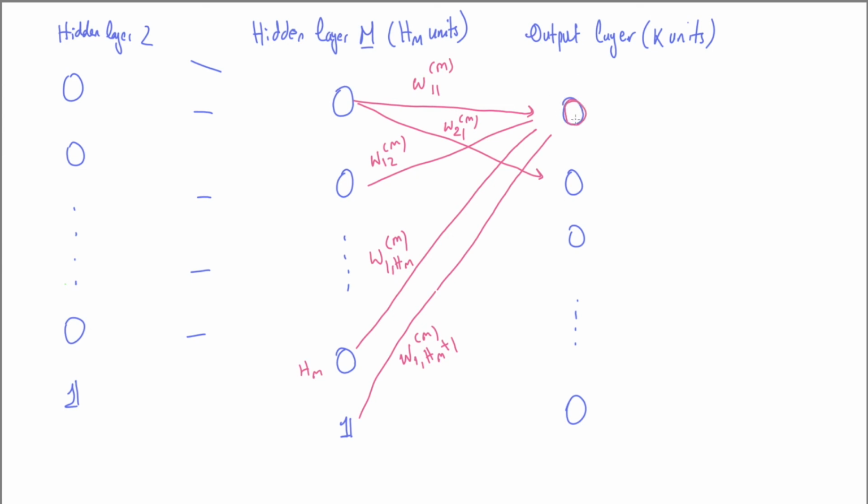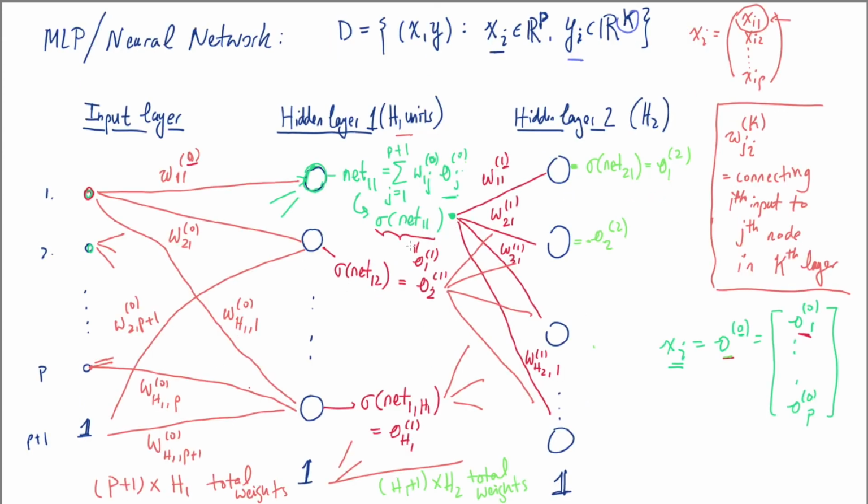Okay, so we know what happens in the output unit. The output unit is going to compute O1 equals sigma net 1 output. Okay, and this is going to compute O2 equals sigma net 2 output. Okay, and just to clarify, I'm using here net 1 output.